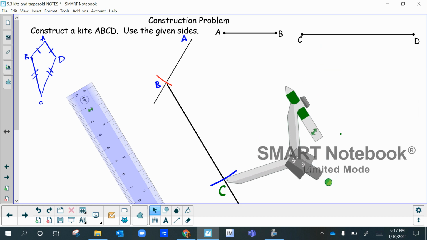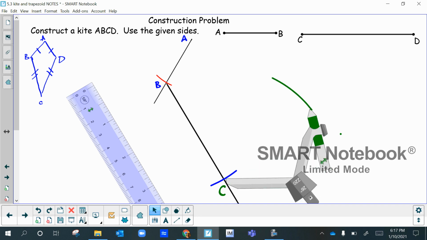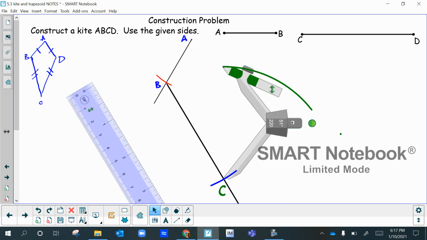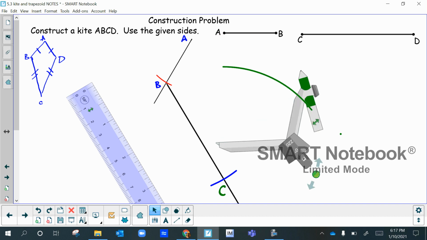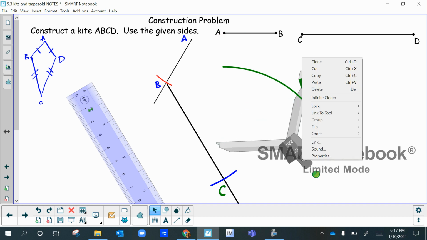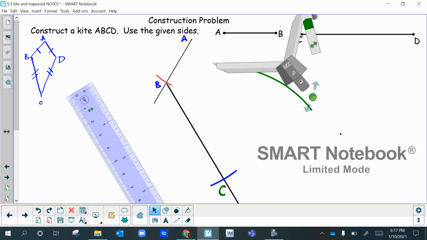It's not letting me, so I'm just going to make an arc somewhere over here. I don't know where it's going to be, so I'm going to make it kind of large.